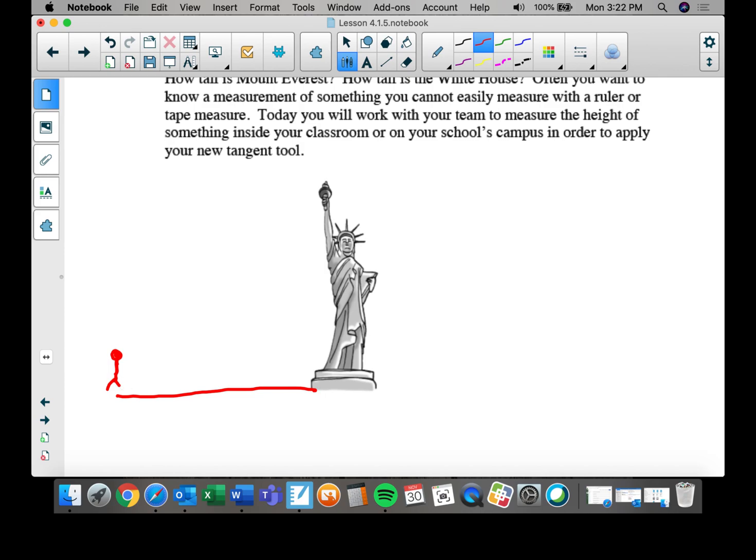If she looks straight ahead, compared to looking up here, this is what's called an angle of elevation. And then we're also looking directly below the torch. So there is my right triangle.